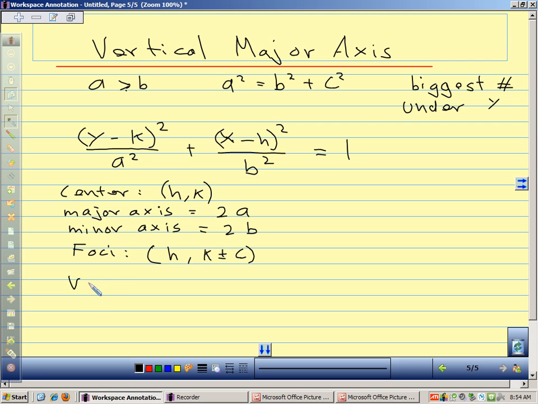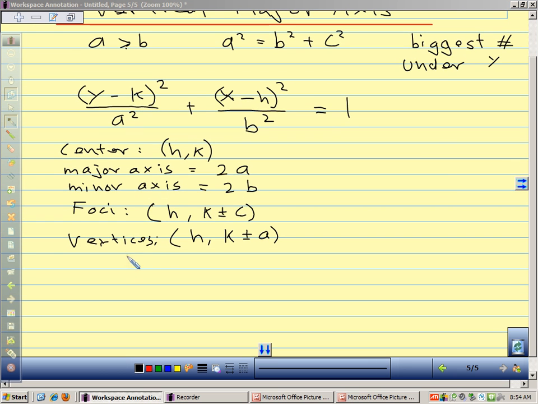To get to the vertices, we go up or down a units from the center. And to get to the co-vertices, we go left and right along our minor axis. So we're going to do h plus or minus b, k.